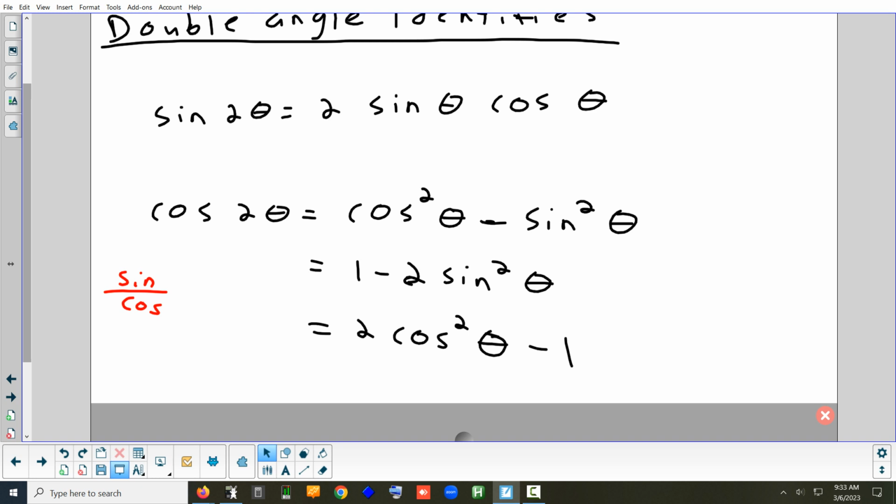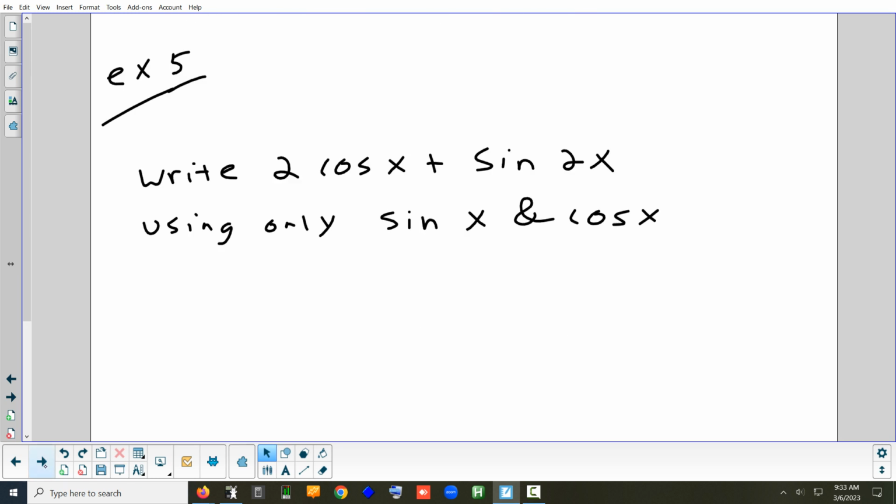All right, let's try one. The directions here say to write 2 cosine x plus sine 2x using only sines and cosines. What that means is no 2's in front of x's. You can have a 2 out front like that, that's fine.